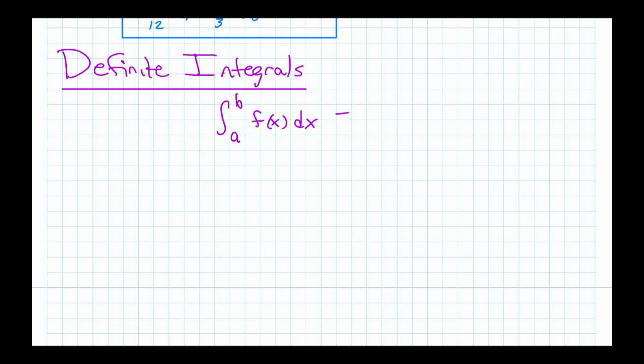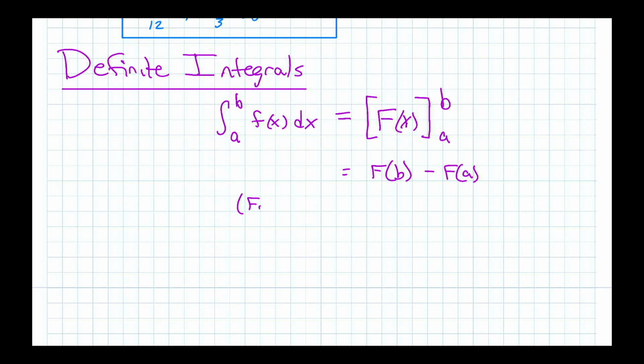And remember that the way you solve them is you still find an antiderivative, but you keep these limits of integration, the a and the b, and then you plug those in and you get f of b minus f of a. And this right here is one version of the fundamental theorem of calculus. Okay, so this is fundamental theorem of calculus.